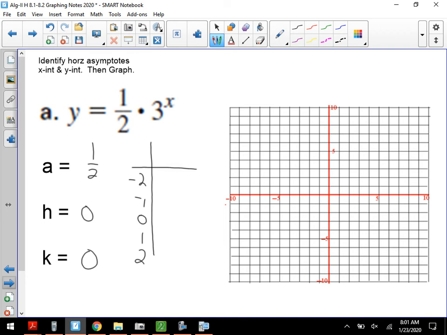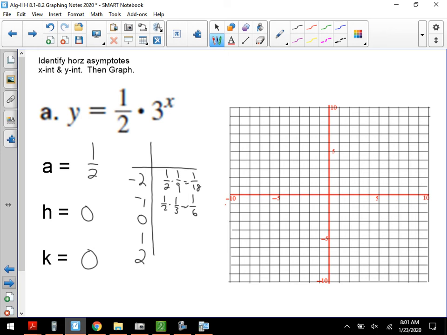So if I use -2, that means it's 3 to the -2, which is 1/9. So you get 1/2 times 1/9, 1/18. Then the next one you get 1/2 times 1/3, 1/6.